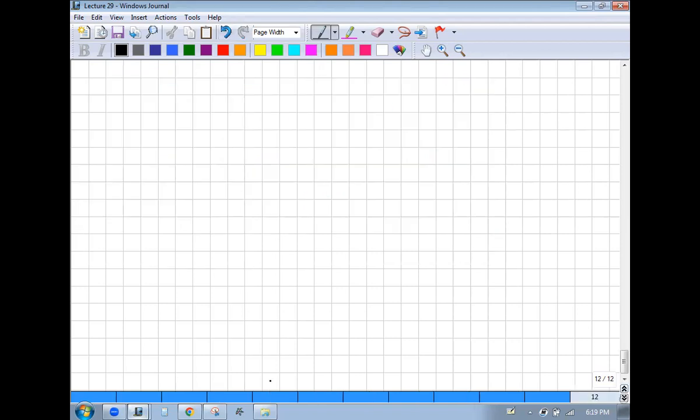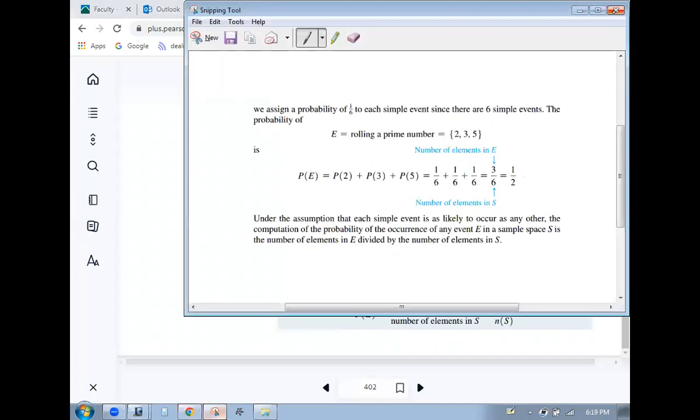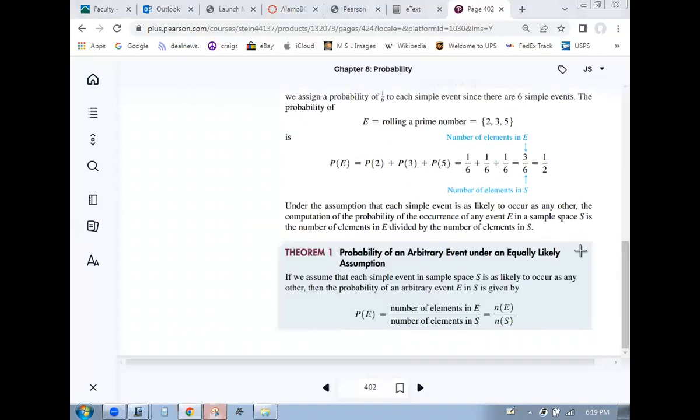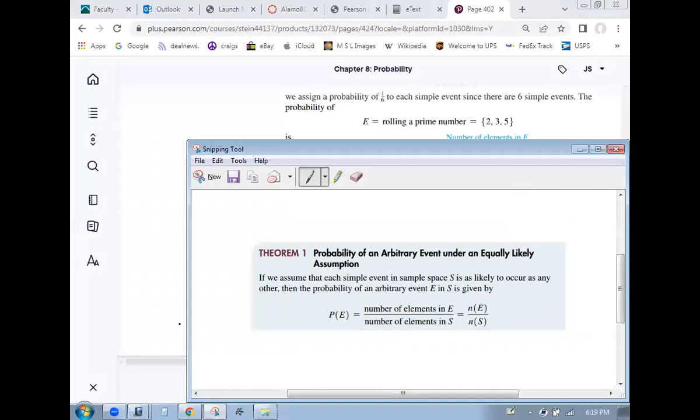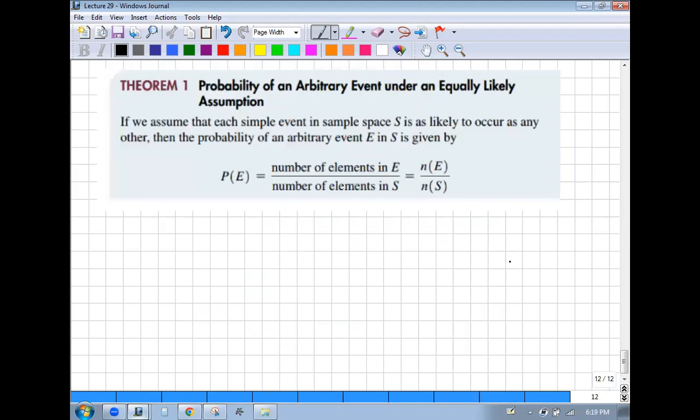So far, this is a whole lot of words for really simple concepts, right? We're throwing in some math. And this notation is what allows us to extend these simple concepts into the realm of the complex. So if we assume that each simple event is as likely to occur as any other, then the probability of an arbitrary event is given by the number of elements in the event.